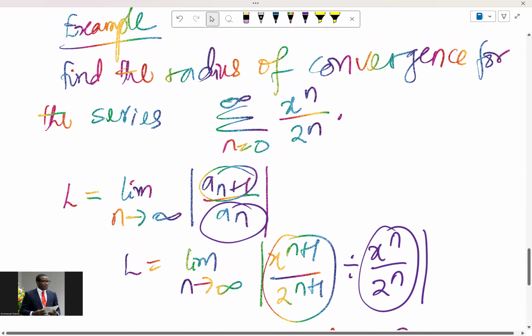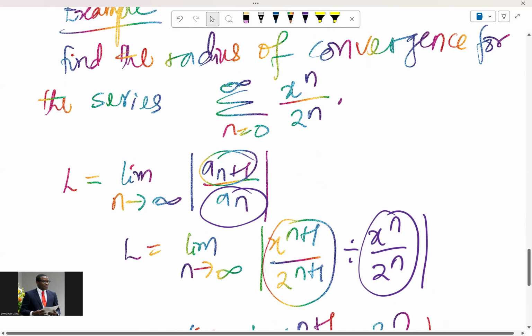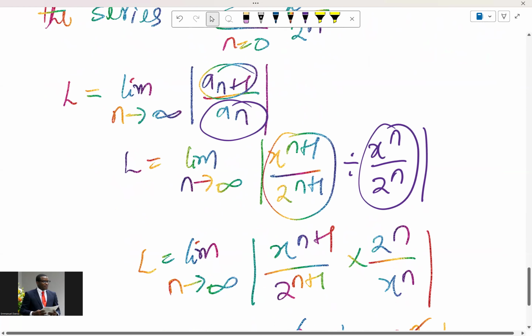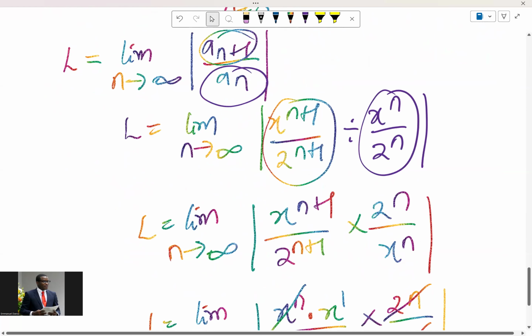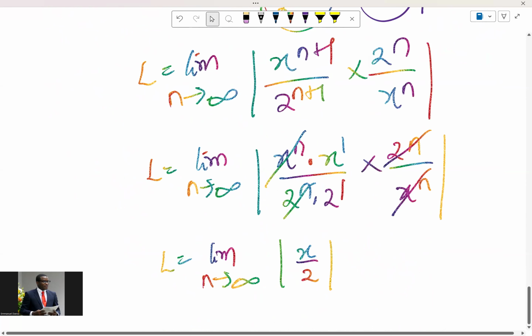Sorry, a_n is 1 over 2 raised to power n. So that is actually for the ratios, not for everything.